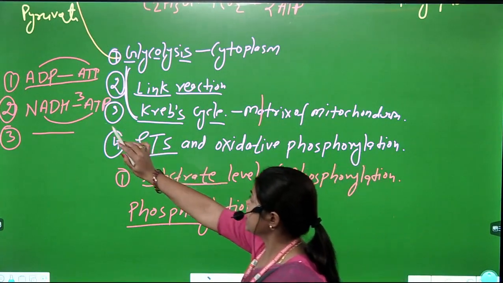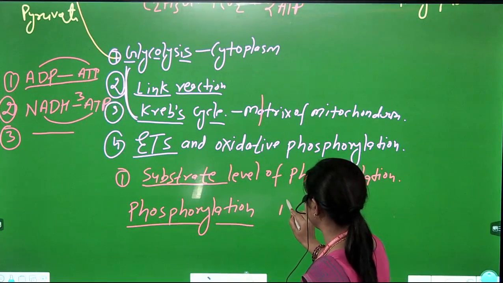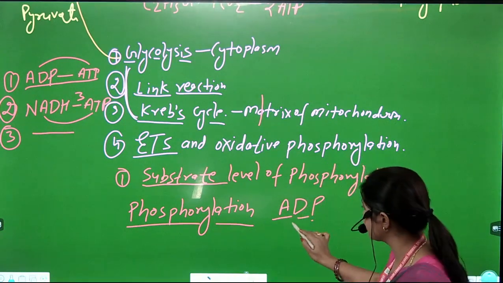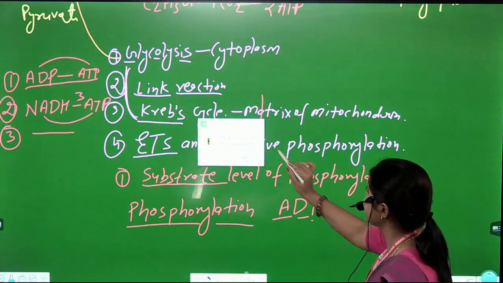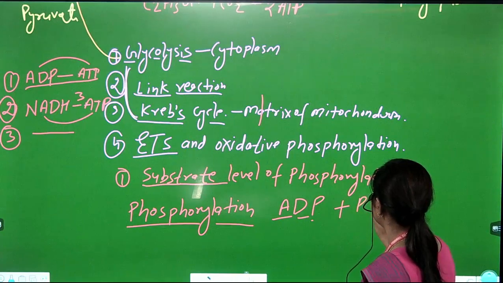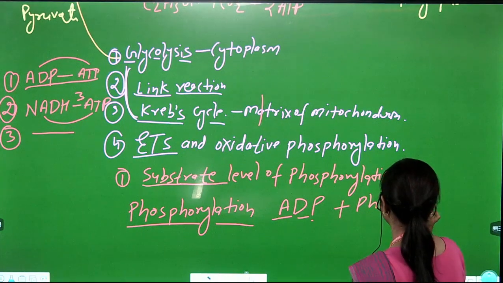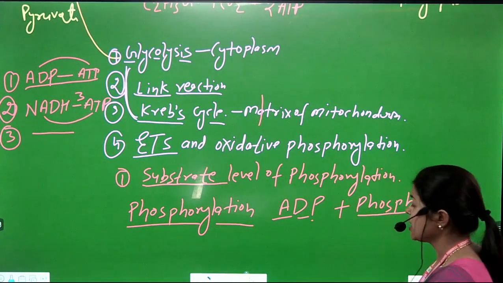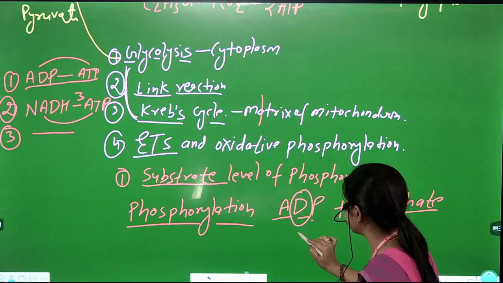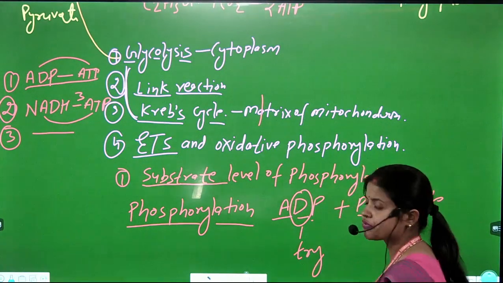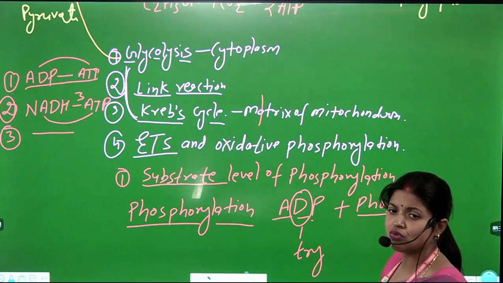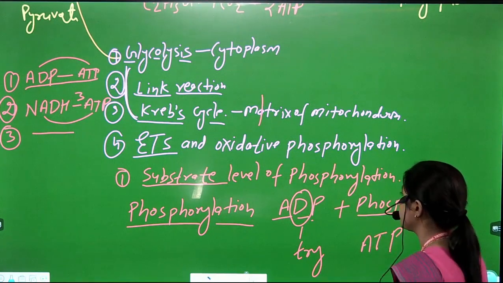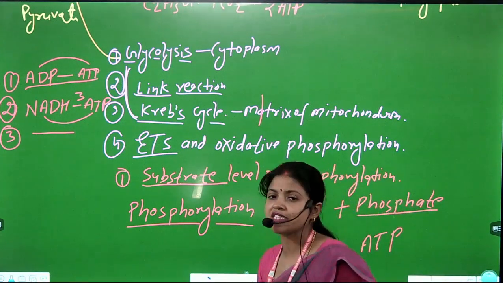Suppose ADP is converted into ATP: ADP stands for adenosine diphosphate, and one more phosphate group is added to ADP. Then diphosphate is converted into triphosphate, and ADP is converted into ATP. That process is known as phosphorylation.